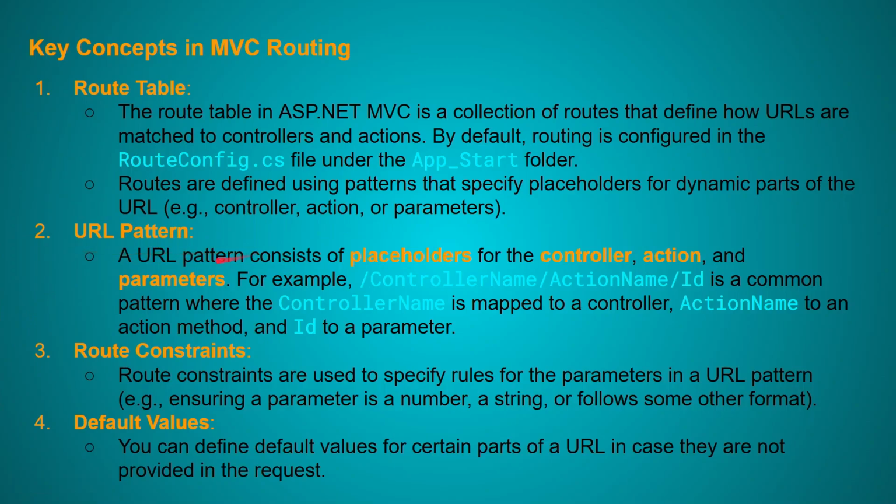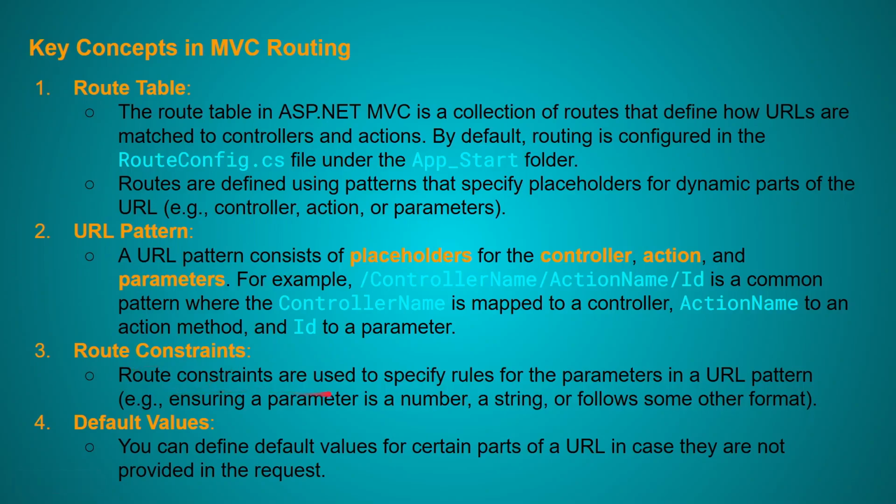URL pattern. A URL pattern consists of placeholders for the controller, action and parameters. For example, controller name/action name/id is a common pattern where the controller name is mapped to the controller, action name is mapped to the method, and id is a parameter. Route constraints.